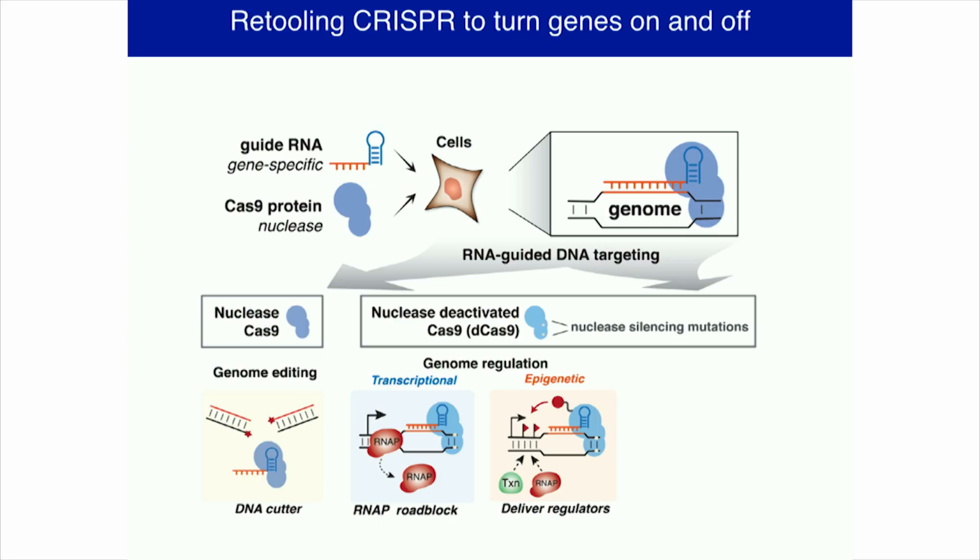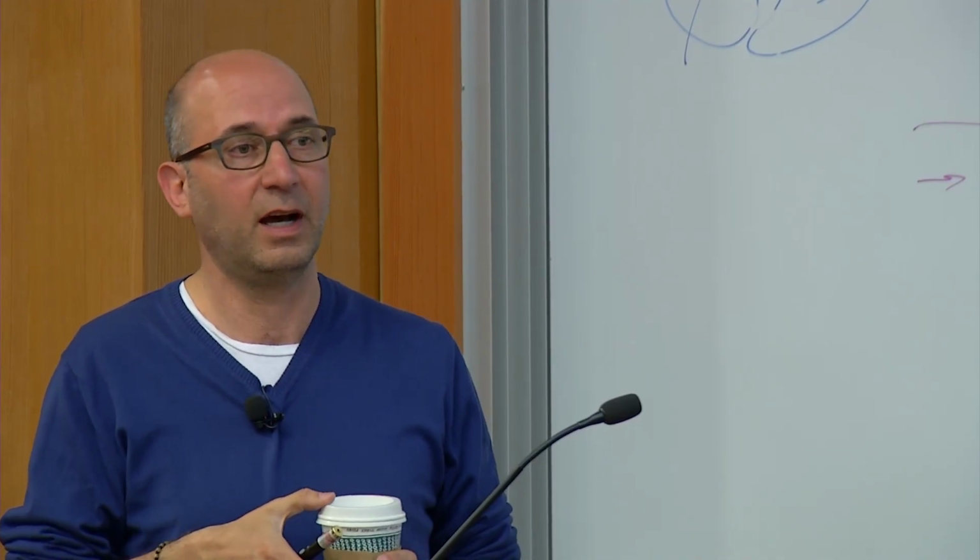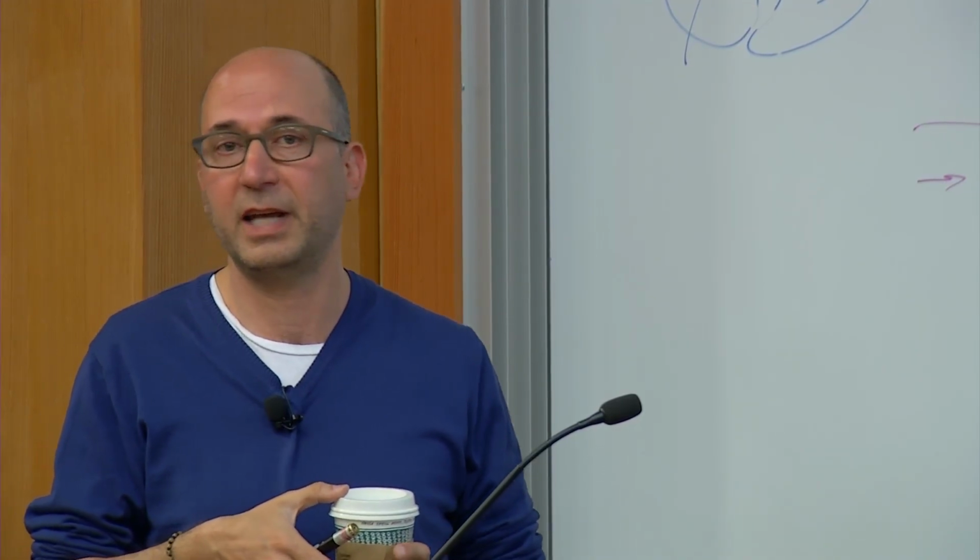And what has made this really move so quickly, as I think you heard a little bit from Luke's lecture yesterday, is that there's been all this fundamental groundwork that had been done using things like zinc finger or TAL proteins as a way of recruiting different effector domains.